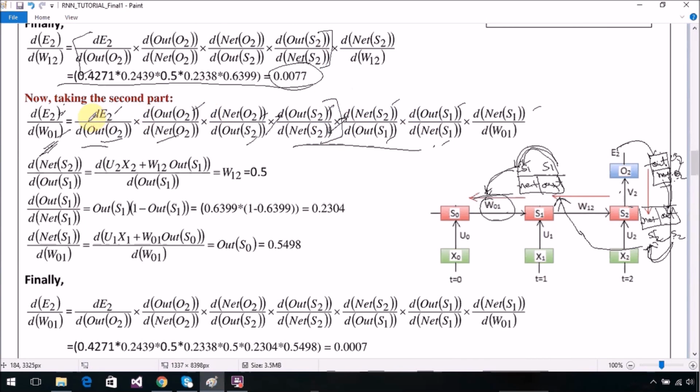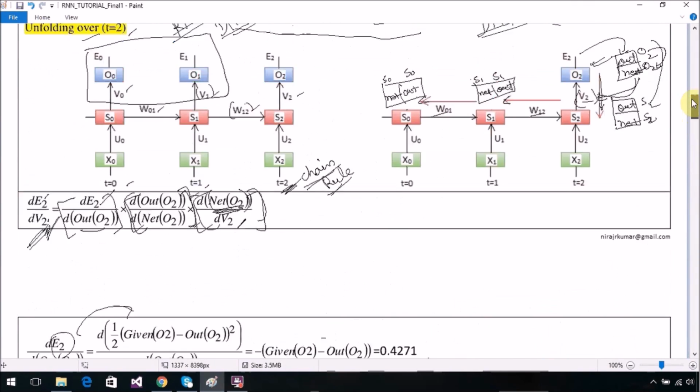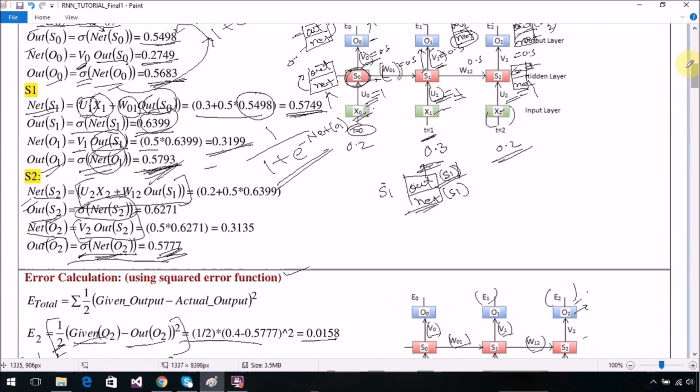So we will not repeat these calculations. We will just calculate three derivations: the derivation of net S2 with respect to out S1. For this we will just expand net S2. Our net S2 is calculated like U2 x2 plus W12 out S1.